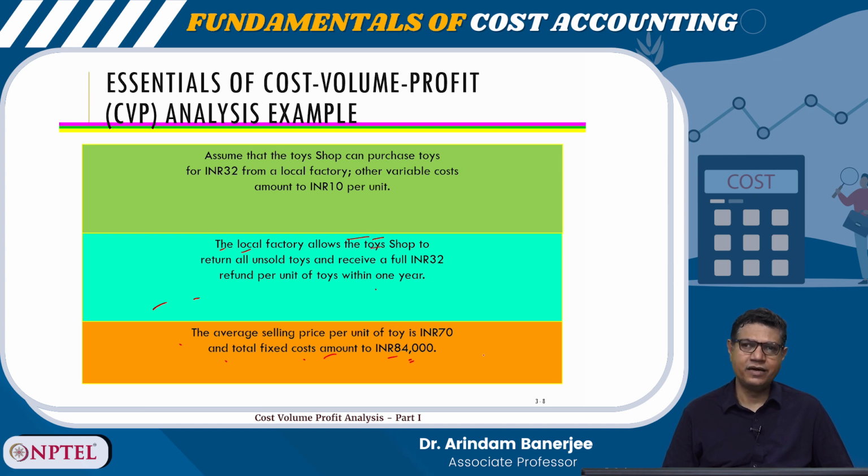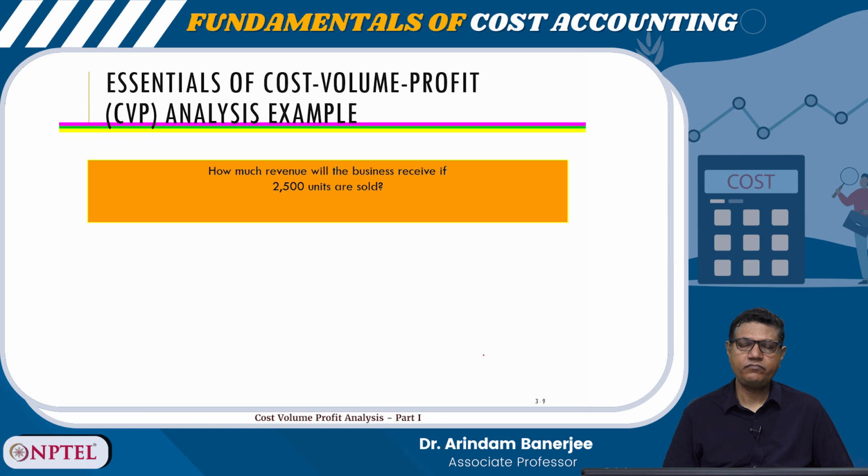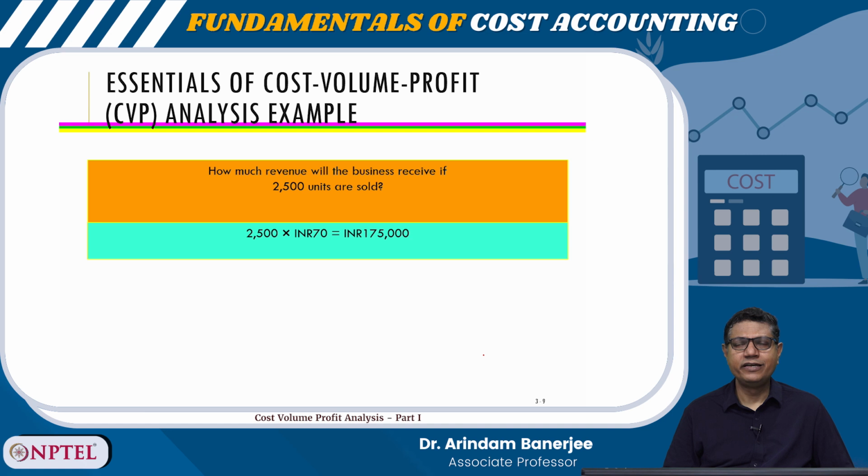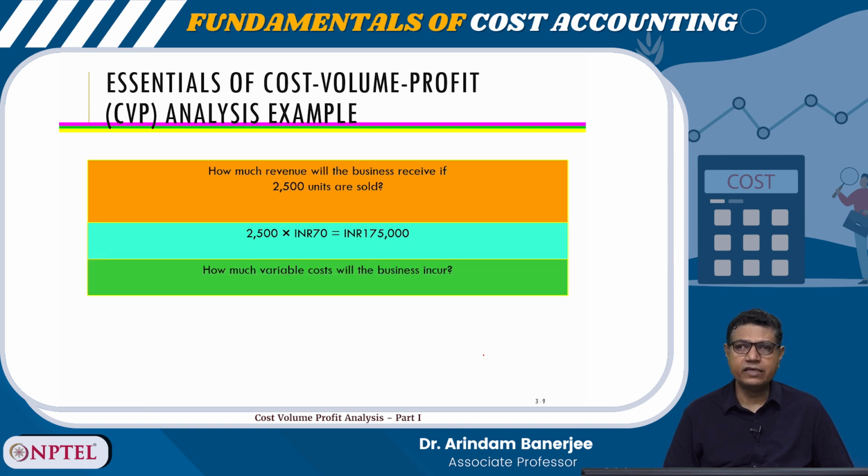So, I can calculate the contribution first. Now, the question is what? How much revenue will the business receive if 2,500 units are sold, right. So, how much? 2,500 into 70, 70 is the selling price per unit. So, 2,500 into 70, that is 1,75,000. So, how much variable cost?